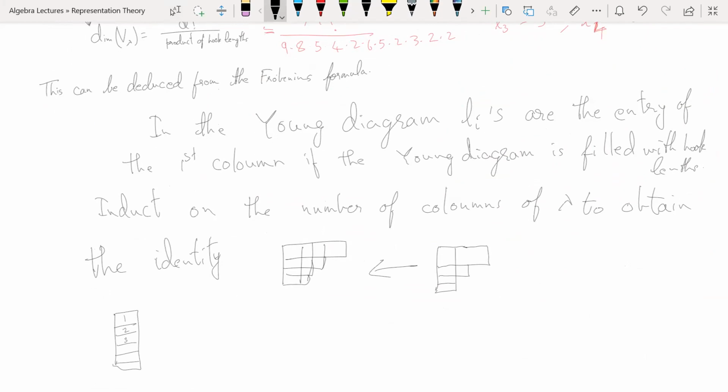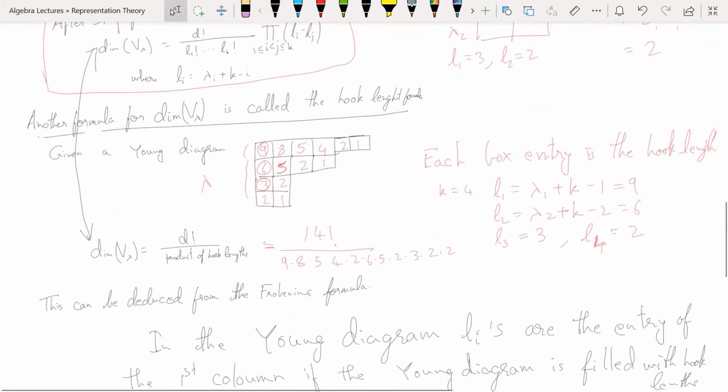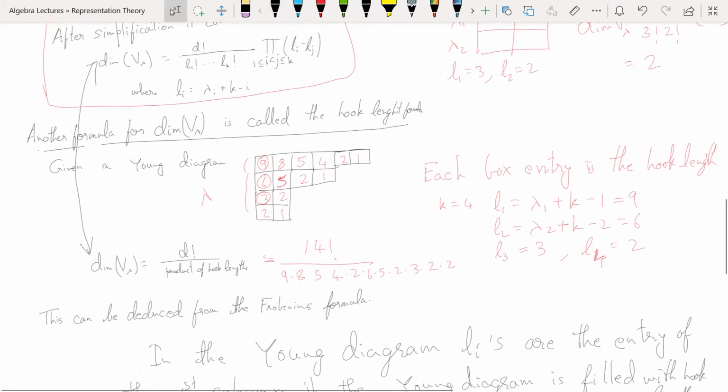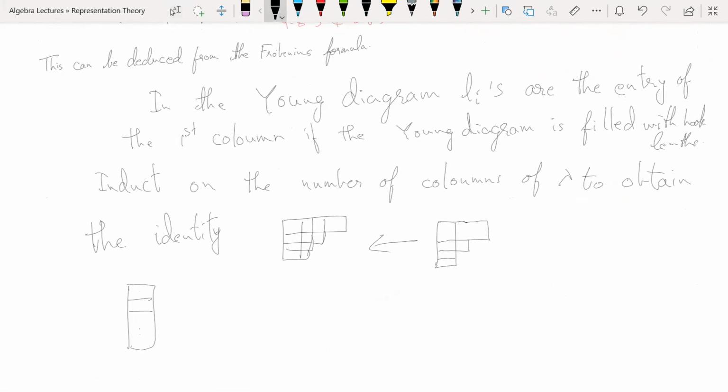Let's just do this, and this is the vertical line. From the hook length formula, it's clear that the dimension is 1. Let's verify it for this case.